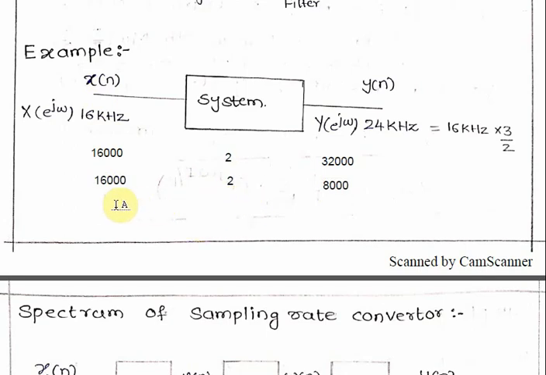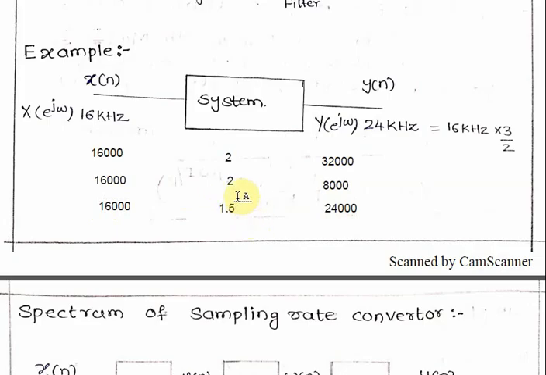In third case, if input signal has 16,000 samples, we need 24,000 samples. The multiplication factor is 1.5. Here 1.5 is a fractional value.